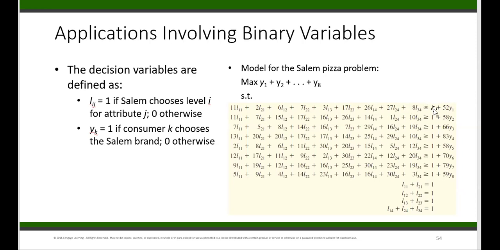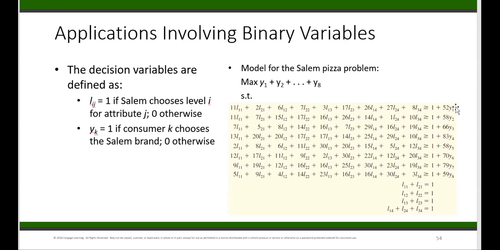Because of that, we have to add epsilon, a very small number, to the right-hand side. Since all these coefficients are strictly greater than 1, it's enough to put 1 here, or a very small number, you can put 0.0001, and your formulation is still correct, as long as it's a very small number.